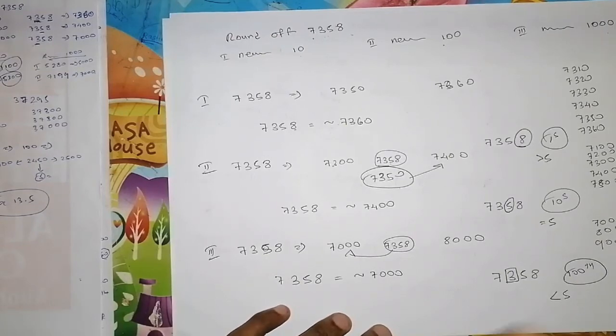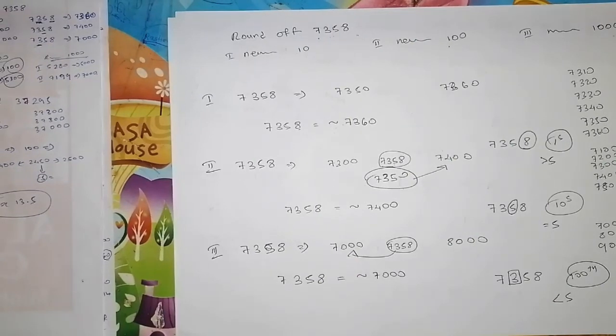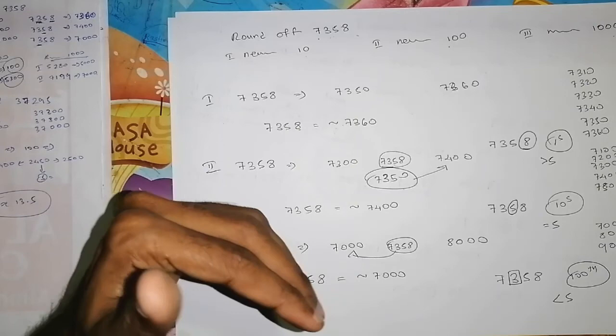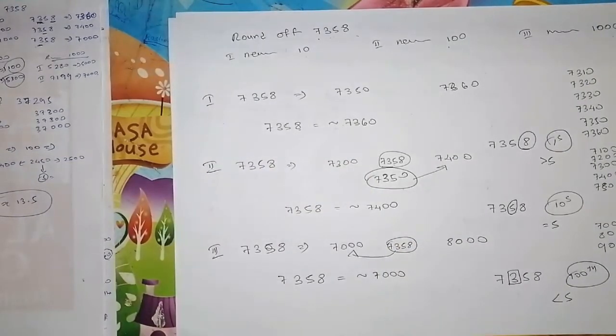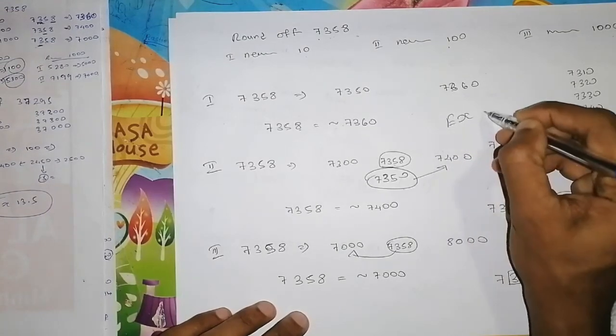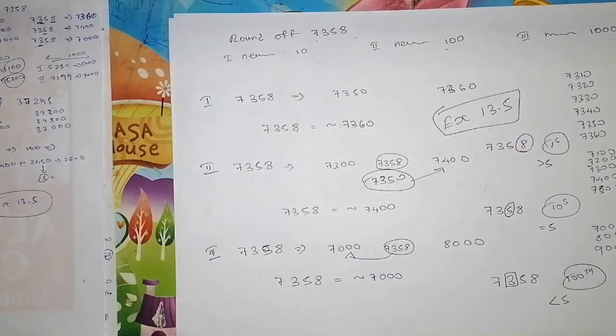Less than 5, we take the before number. So that is 7000. Likewise we can round off to the nearest 100 and nearest 1000. Now you can do exercise 13.5, the nearest 100 and nearest 1000 questions.